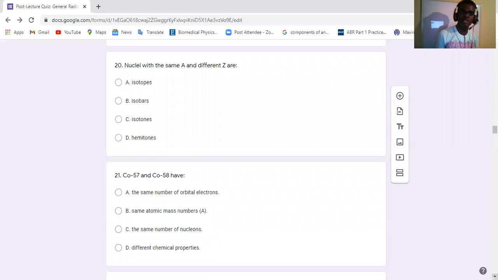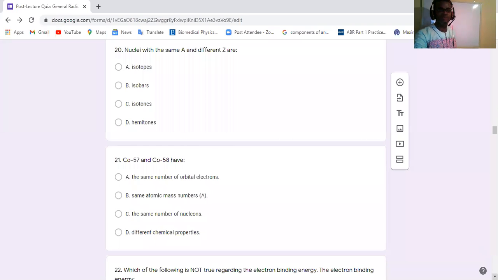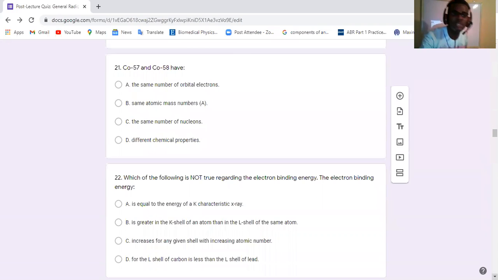Nuclei with the same A and different Z are called what? Isobars. Yes, isobars, the A there. Cobalt 58 and cobalt 57 have, for number 21, the same atomic number.